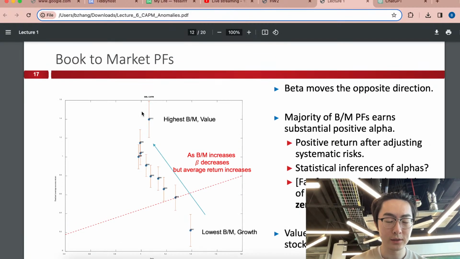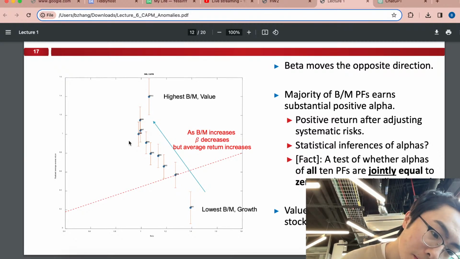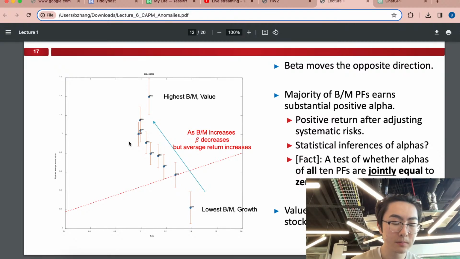Yeah, I think this has to be somewhat close to this idea where you have high book to markets, related to average realized average excess return.